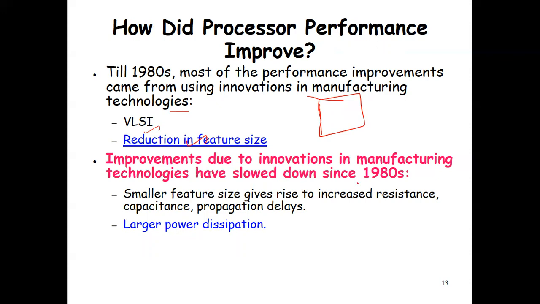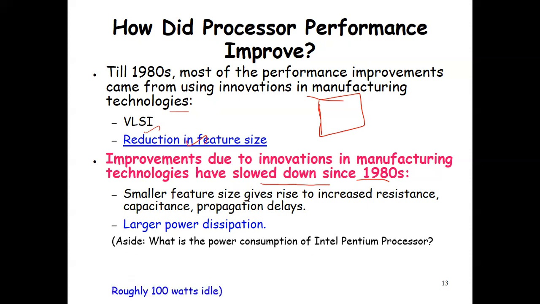But after the 1980s, the improvement in performance is not so much due to the improvement in manufacturing technology. Rather it is due to some other factor, right? Improvements due to innovations in manufacturing technologies have slowed down since the 1980s. So after the 1980s, the improvement in performance cannot be attributed greatly to manufacturing technologies, right?